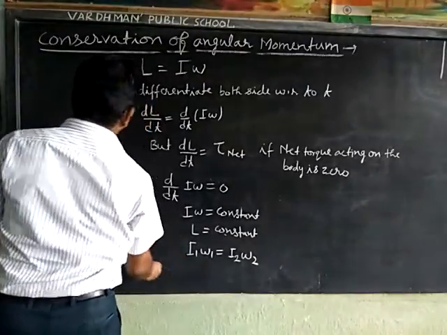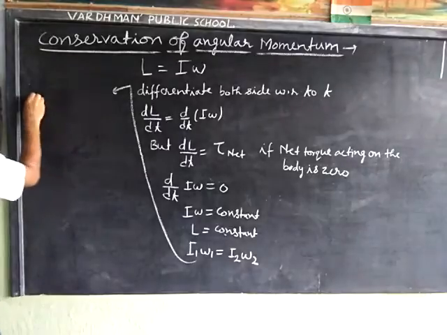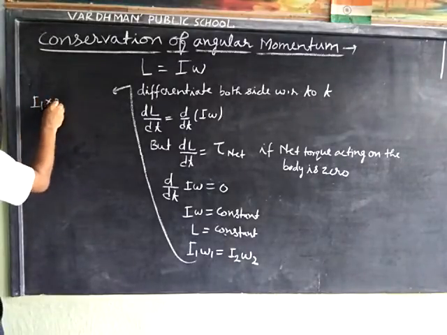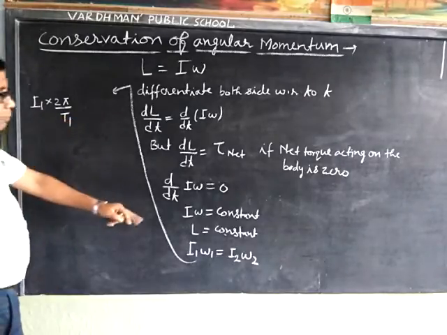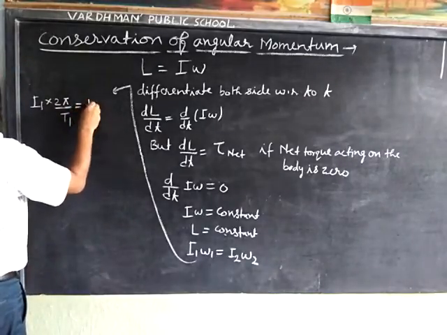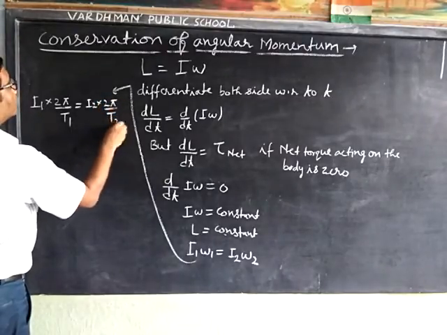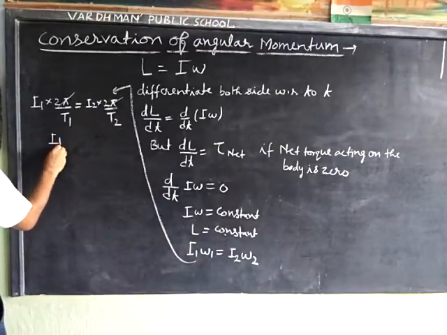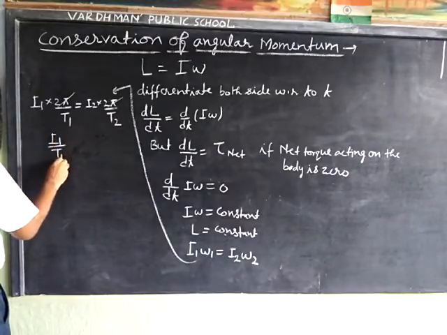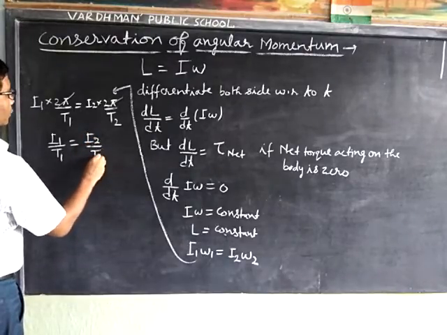Now we know omega is equal to 2 pi upon T. So I1 into 2 pi upon T1 is equal to I2 into 2 pi upon T2. Cancel 2 pi. I1 upon T1 is equal to I2 upon T2.